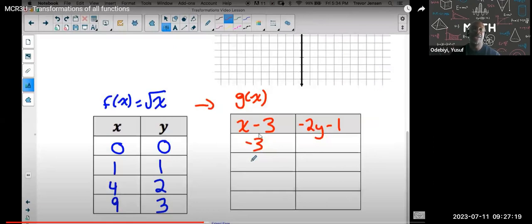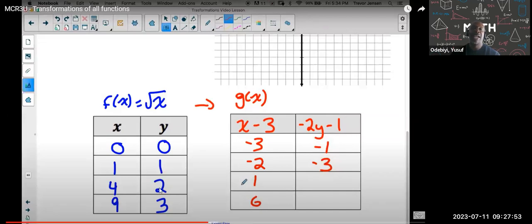So now all I do is any value I have here for my original x, I subtract 3. So we'll have 1 -3 is going to give me -2. 4 -3 is going to be 1. 9 -3 is going to give me 6. Okay, so that's what I got there. And then for the y values, I multiply by -2 and subtract 1. Well, if I have this one, -2 times 0 is 0, -1 is still -1. -2 times 1 is -2, -1 becomes -3.